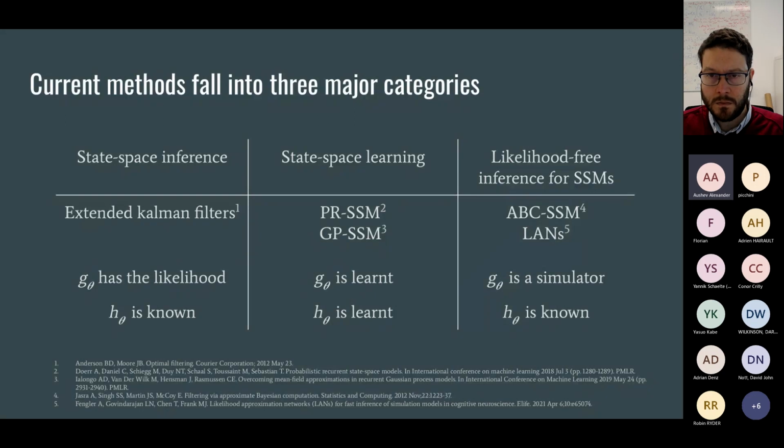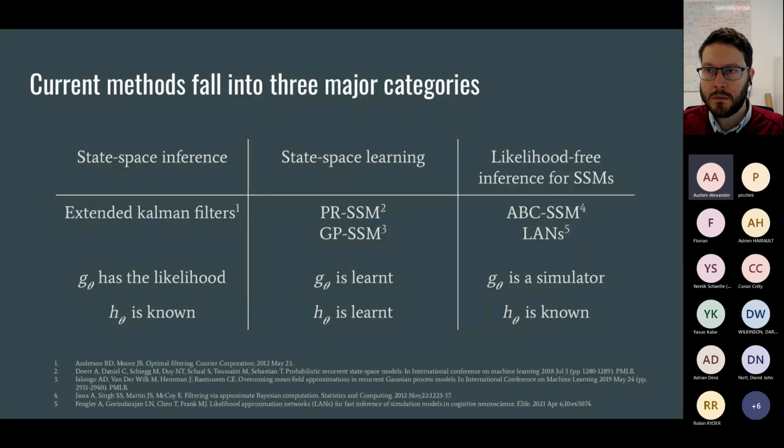Quite often in state space inference algorithms, the observation model, its likelihood, is given, and the H, which is the transition dynamics, is known. State space learning methods learn the observation model, and they also learn the dynamics.